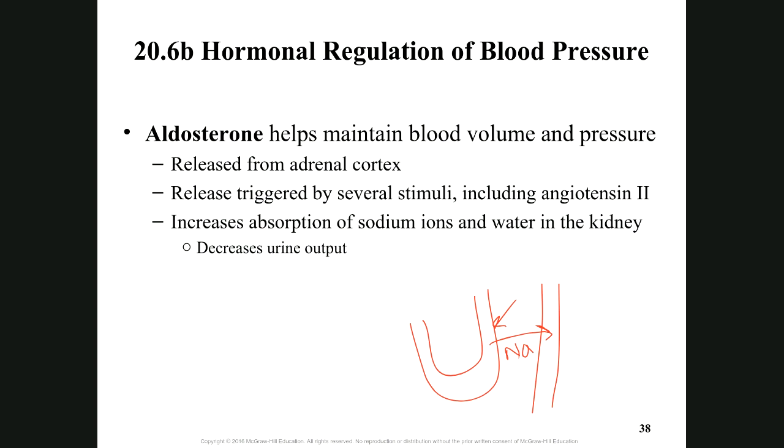So water is reabsorbed. What happened here? The amount of blood increases and the amount of urine decreases. When the amount of blood increases, the blood pressure goes up. This is how aldosterone can affect our kidney tubules.